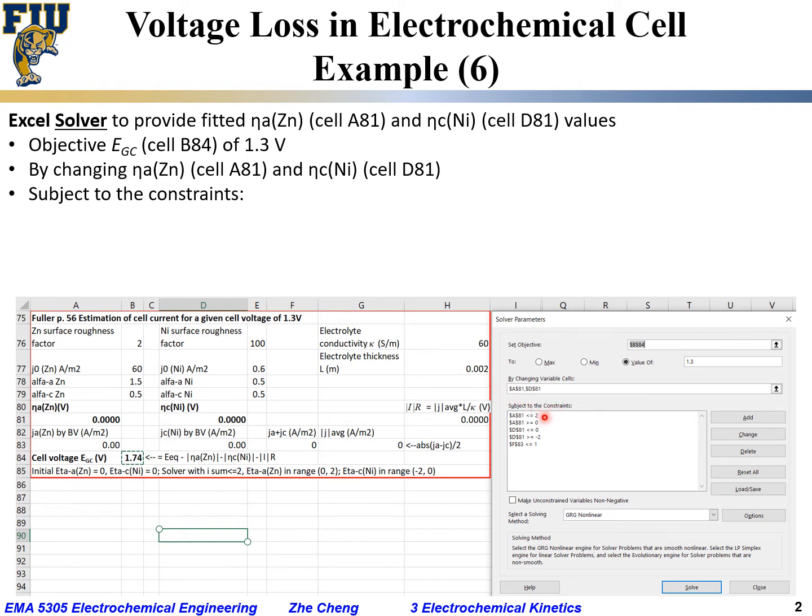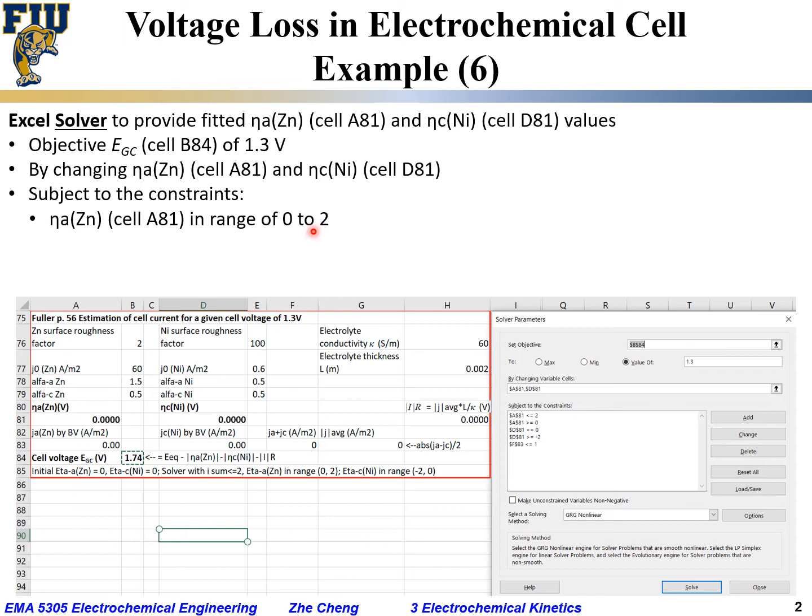And the first two are for the overpotential eta A zinc, which is cell A81, in the range from 0 to 2. Why? Because we said zinc is our anode and it's going through anodic polarization, so the overpotential should be positive from 0. Let's make it 2.